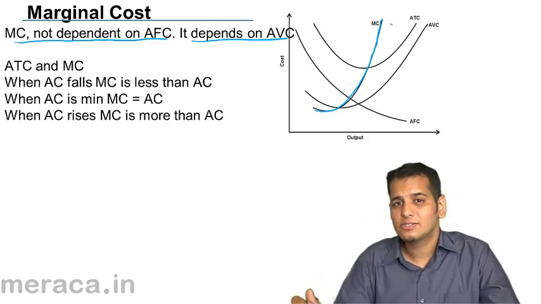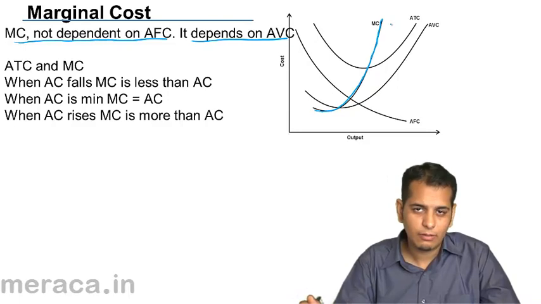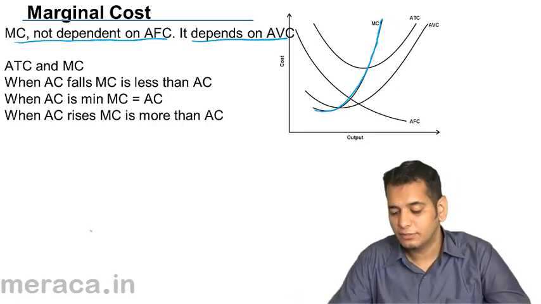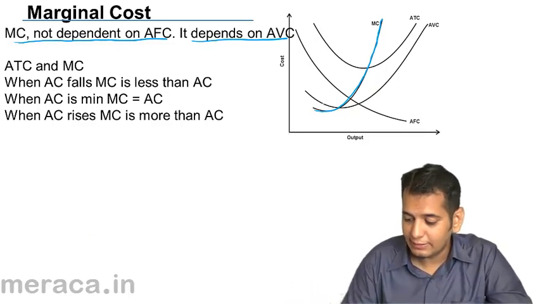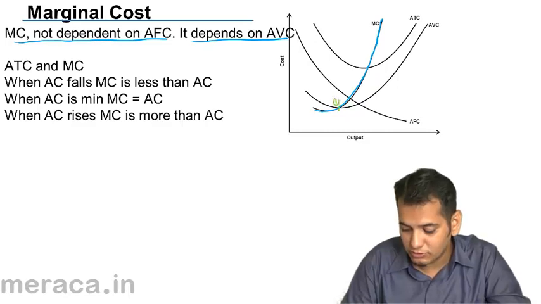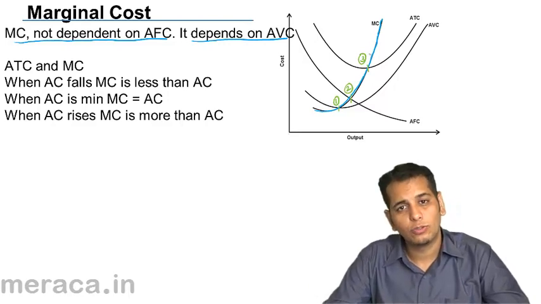Now let's understand the characteristics of all these curves. If you closely observe the marginal cost curve, you can see that it is cutting the average variable cost curve. It is also cutting the average fixed cost curve, and finally it is cutting the average total cost curve.